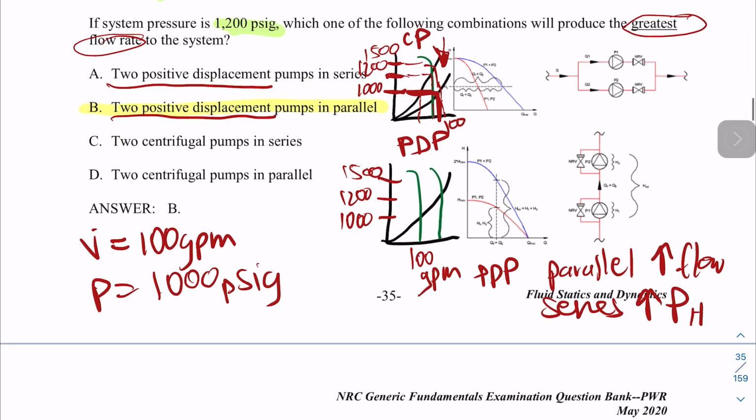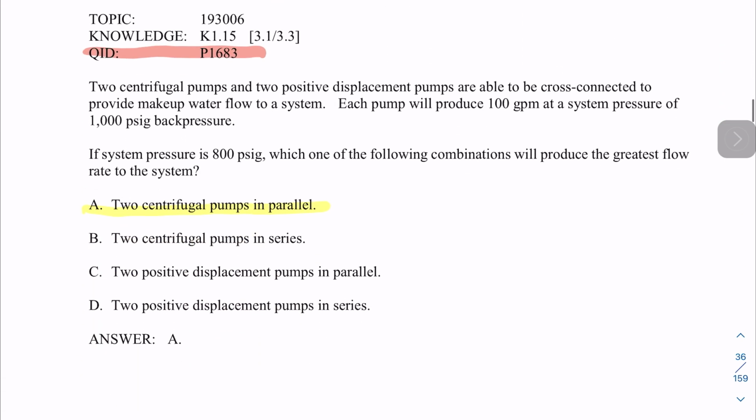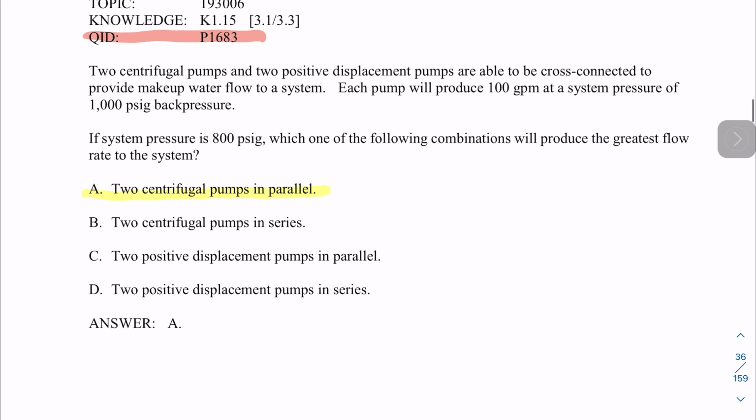And there's going to be several questions about that. This next one is a similar one as well, but slightly different because it's telling the system pressure of 1,000 psig back pressure. But if the system pressure is like 800, which one of the following is going to give you the greatest flow?